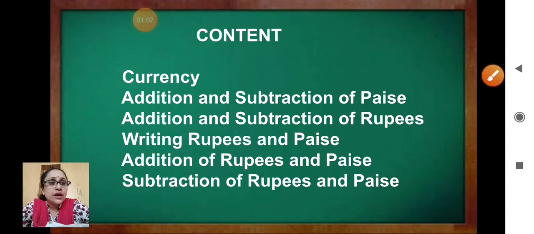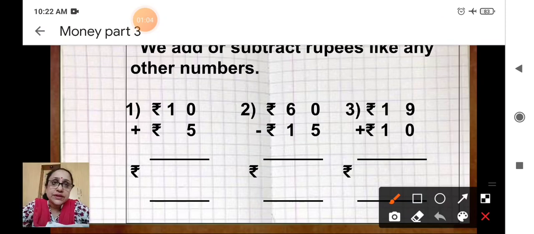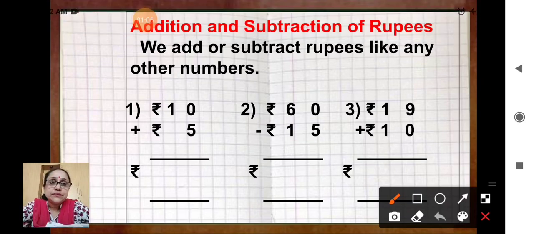Now, I will explain with a few examples. Addition and subtraction of rupees. We add or subtract rupees like any other numbers. First listen to me. Here you can see question 1. What is the amount? The amount is rupees 10. Now you see where the rupees is written. It is written in front of 10.